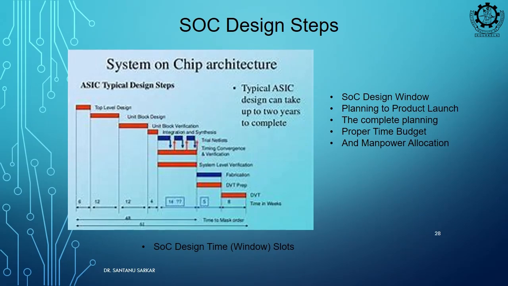All right. So, if you think from a company's point of view, suppose there are two rival companies and each one is planning to launch a new product next December. All of the US based companies or European companies, they try to capture the market before Christmas.